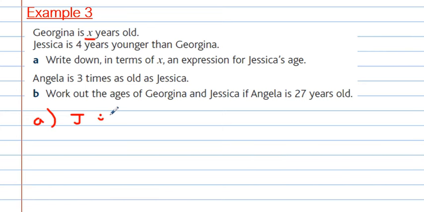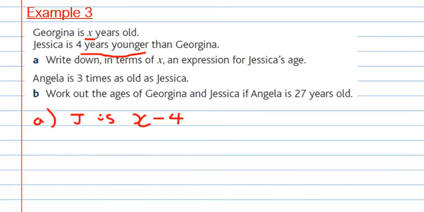Jessica's age will be X, and because she's 4 years younger than Georgina, it's going to be take away 4. So this is Georgina, and Jessica is 4 years younger. So that's the first part of the question.